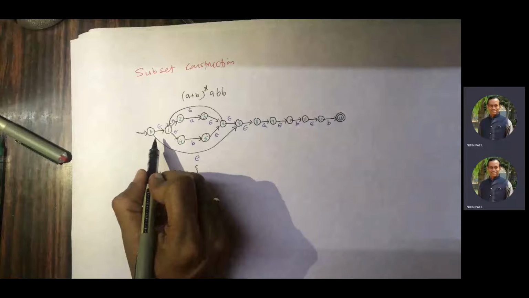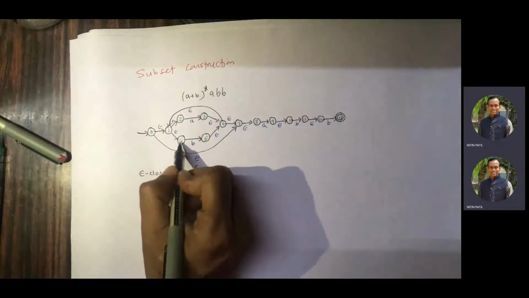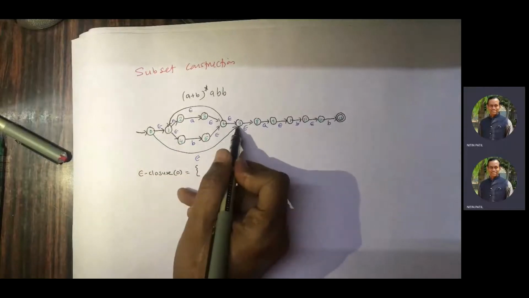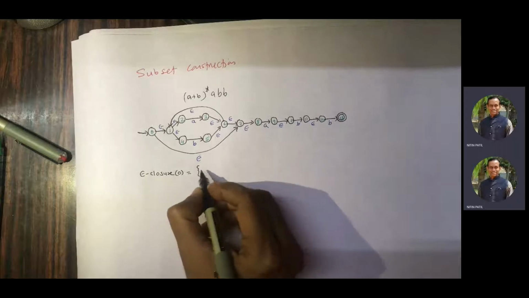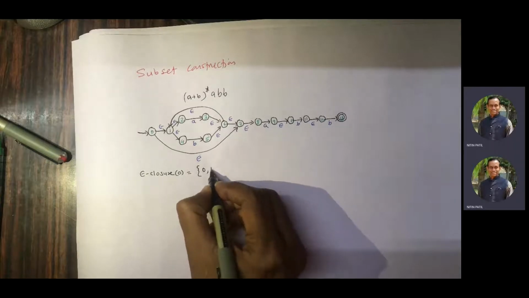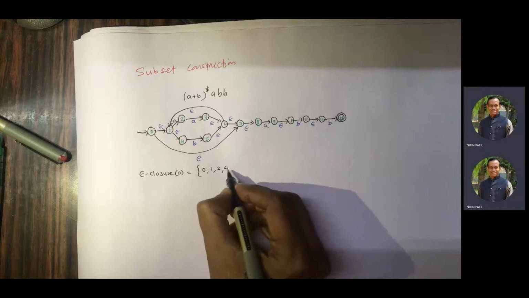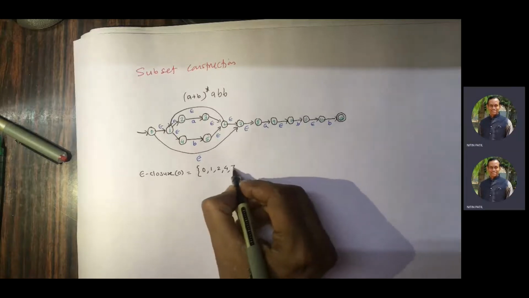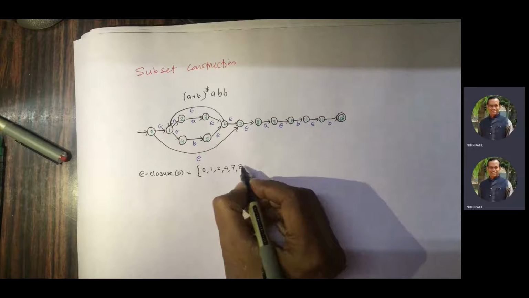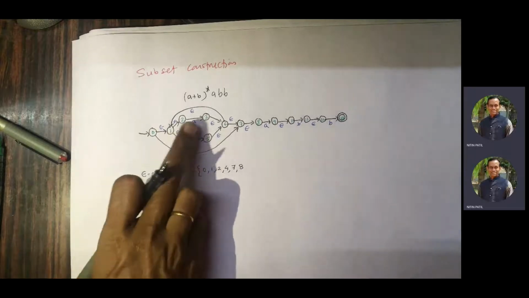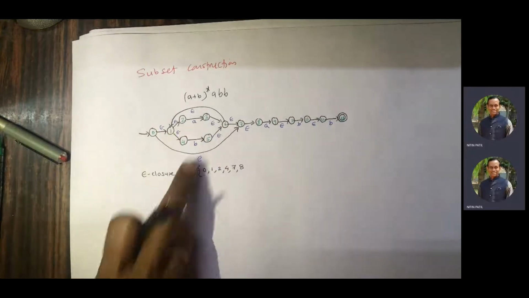You have 0, 1, 2, 4, then you see 7, 8. So you write them: 0, 1, 2, 4, 7 and 8. We cannot add 3 because there is A there.